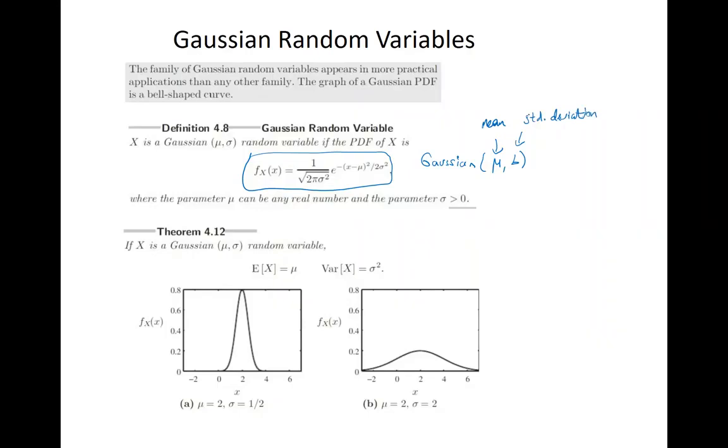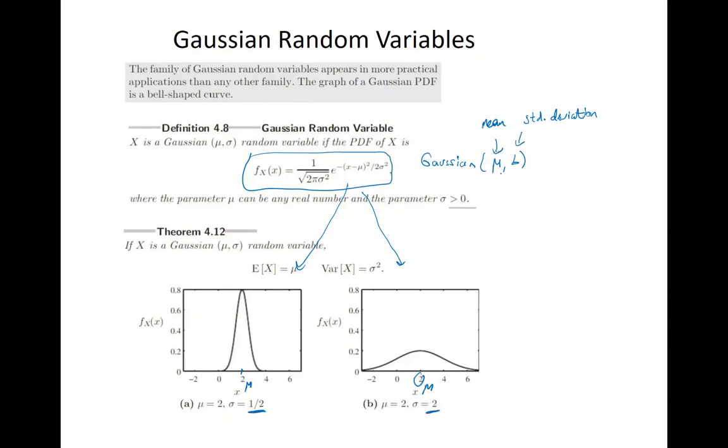Here are two plots of this PDF. You see the curves are symmetrical at the center. Here the center is mu, which is 2, and mu again 2, and the standard deviation here is 0.5, here it's 2.